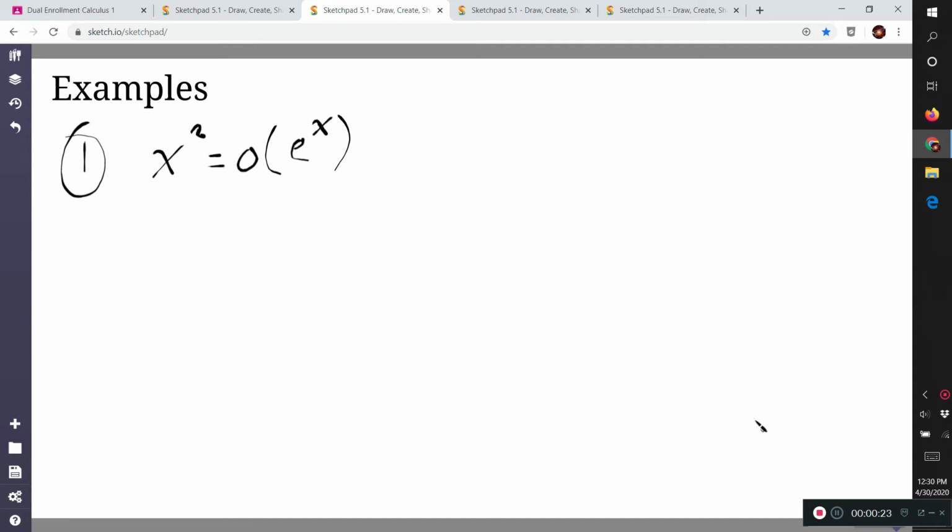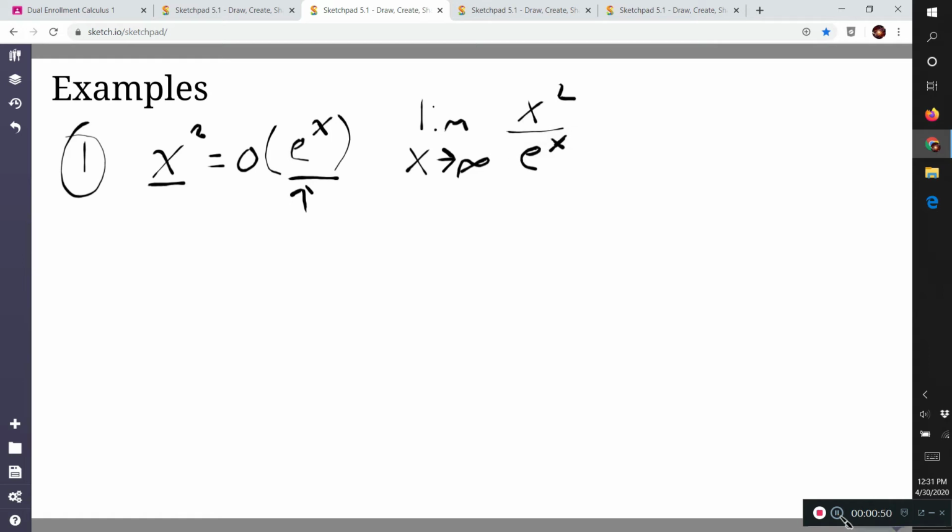So to do that, we just simply set up, if we're assuming that this is the larger, faster growing function, so the one inside is faster growing, we want that on bottom. So we're going to do the limit as x goes to infinity of x squared over e to the x. And we need to show this equals 0.